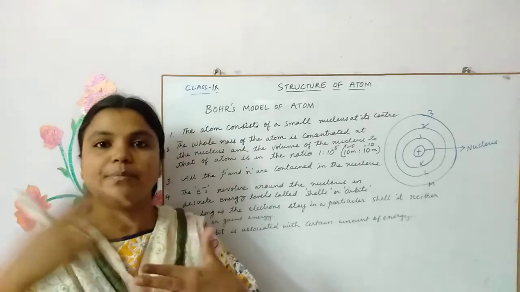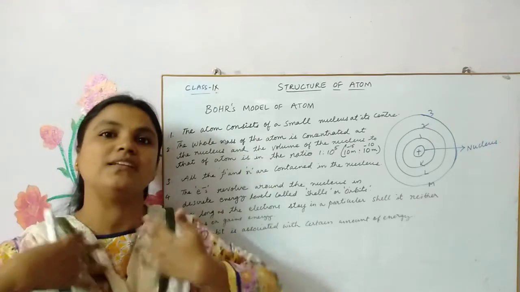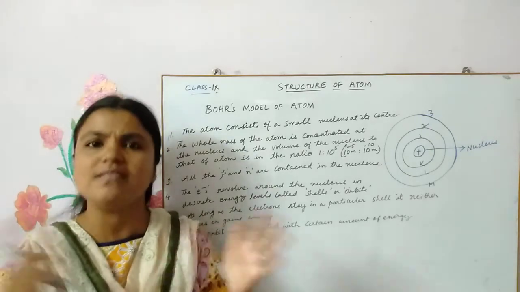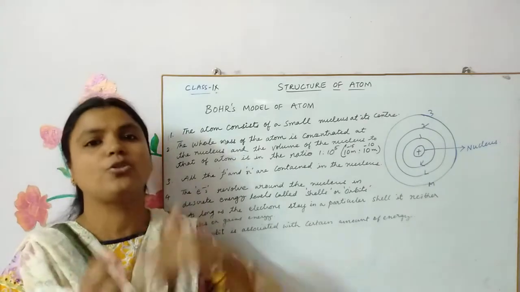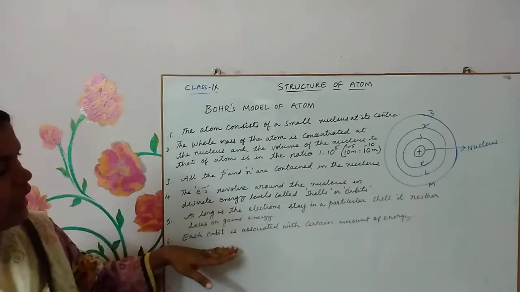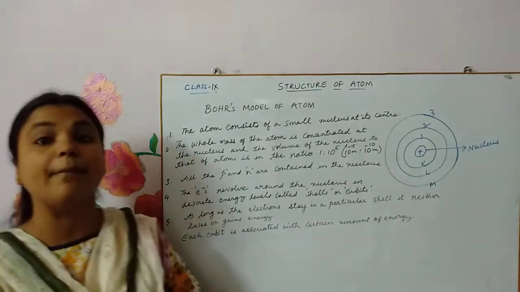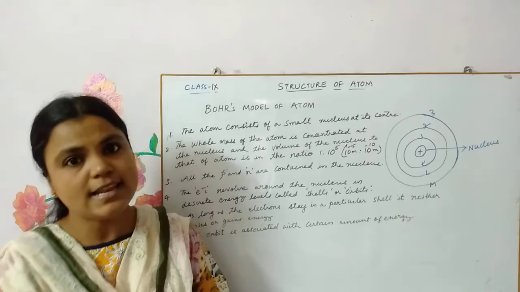The reverse happens when an electron jumps from a higher orbit to a lower orbit: energy is released. There is a difference in the energies between orbits. Each orbit is associated with a certain amount of energy, which is why they are called energy levels, children.